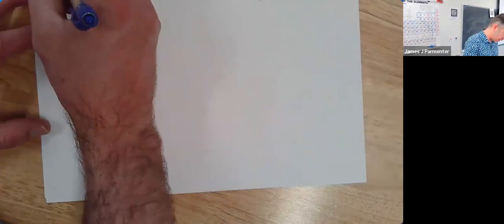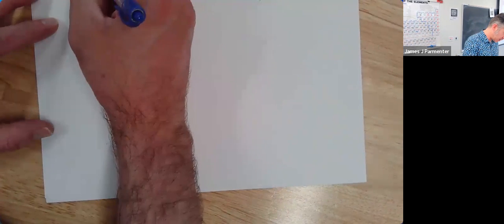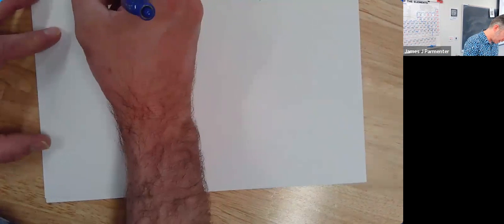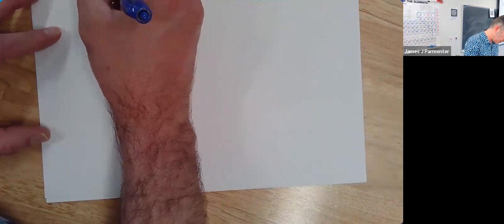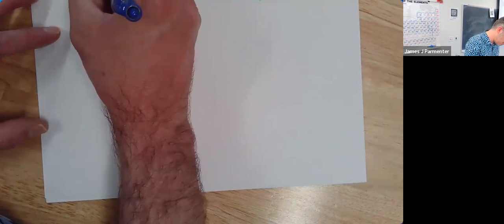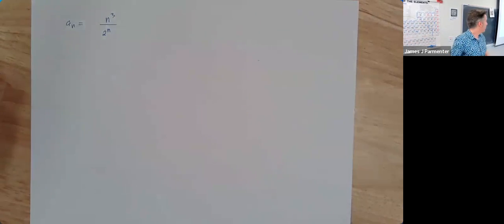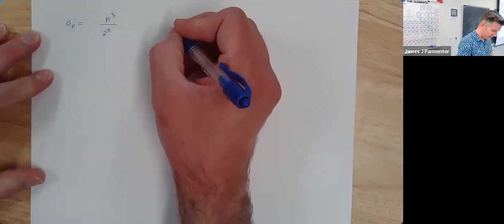Let's go to the flip side. What if our sequence was a sub n equal to, let's say, n cubed over 2 to the n? Before we do anything, let's write some terms out.